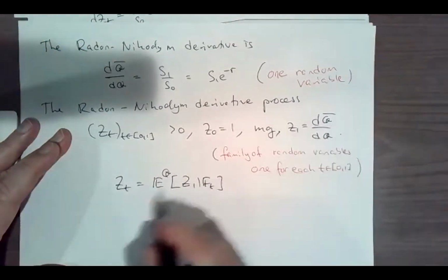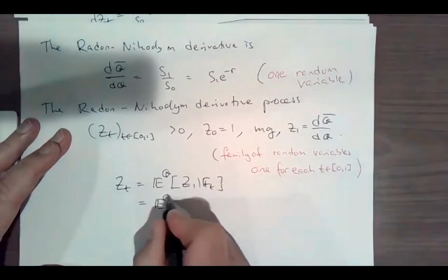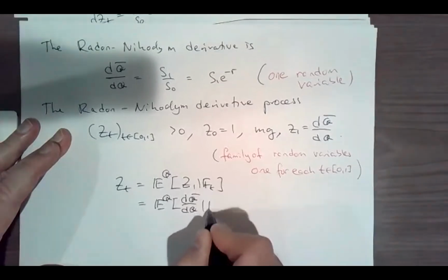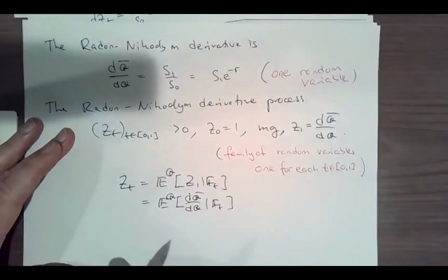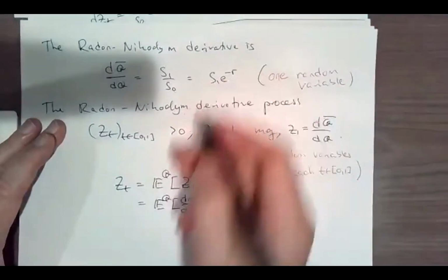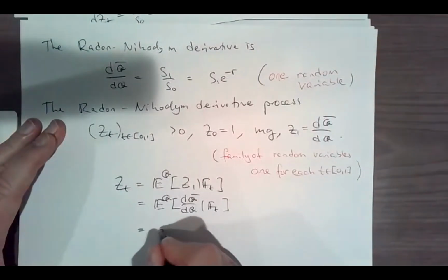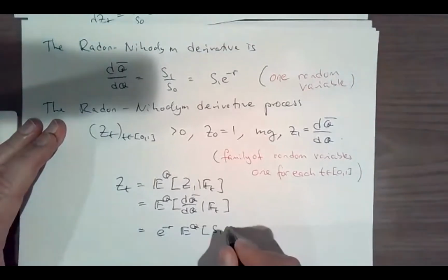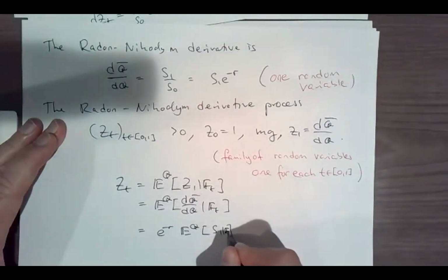But you know that Z1 is exactly that Radon-Nikodym derivative, so this is dQ bar over dQ given Ft, which in our case is e to the minus r times the conditional expectation of S1 given Ft.